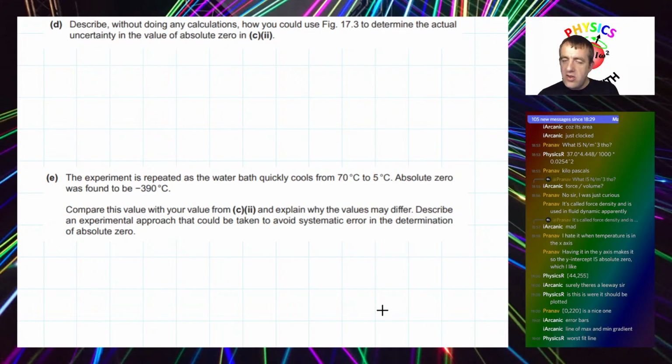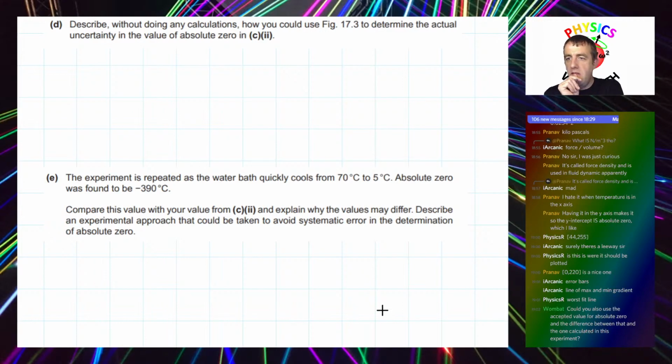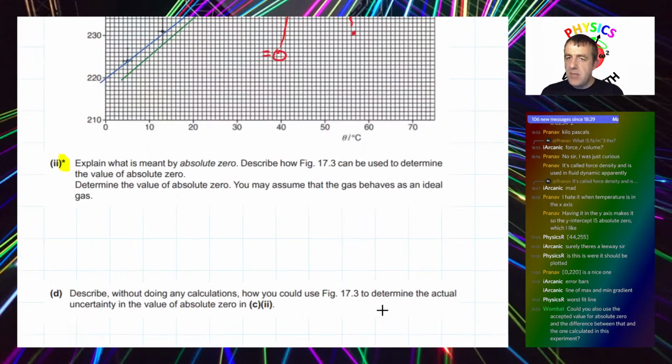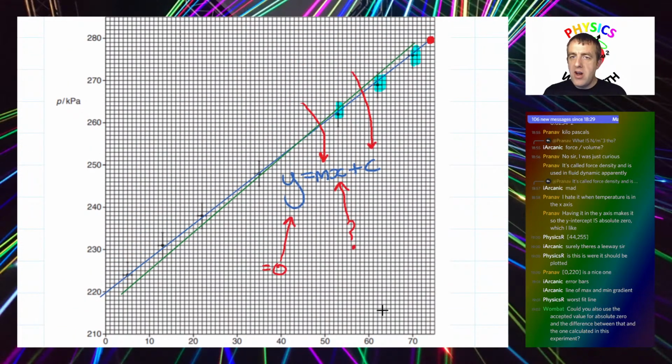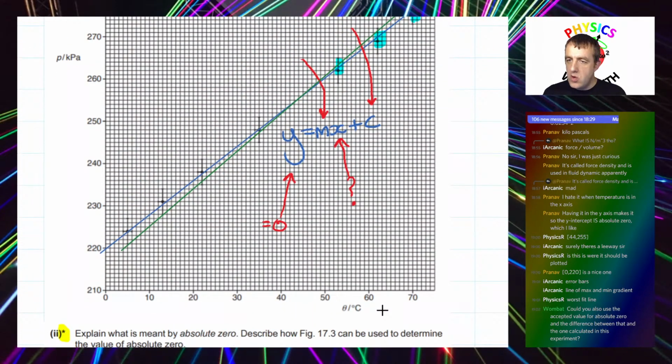But the last question here I thought was a really tasty question. No, Wombat, because you're doing physics back to front there. In experimental physics, you don't use expected values in your calculations.